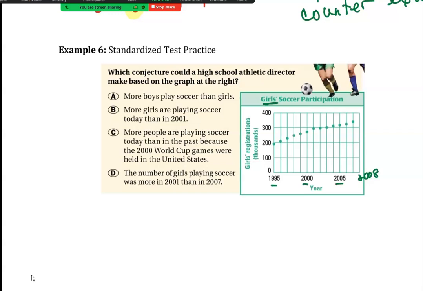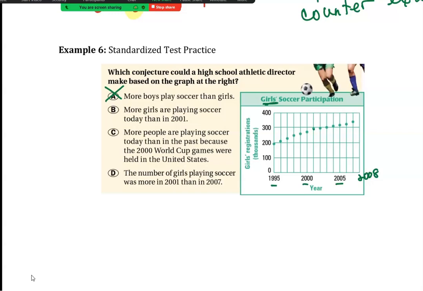Which conjecture could a high school athletic director make based on this graph? More boys play soccer than girls. Nope, it tells me nothing about boys, so I can't make a conjecture about the relative numbers of boys and girls playing soccer. More girls are playing soccer today than in 2001. So possibly, right, because it looks like it's going up. So if it continues to go up, this is a possibility. Let's read another one. More people are playing soccer today than in the past because the 2000 World Cup games were held in the United States.